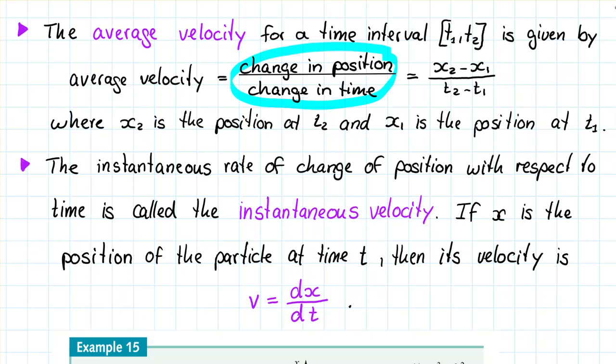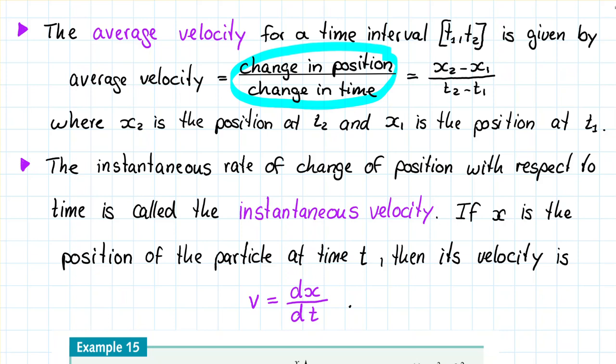In the numerator we have the difference in y values, which are called x, and in the denominator we have the difference of time. When we have a look at the example in a minute, you will see that it's going to be the x values. x2 is the position of the particle at the time t2, and x1 is the position of the particle at the time t1. So we have the difference in position over the difference in time, and that gives us the average velocity of that particle.